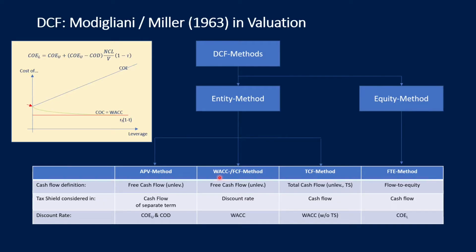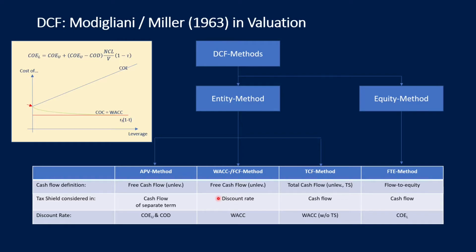The WACC, or free cash flow method, also uses the free cash flow of the assumingly unlevered firm, but the tax shield is included in the discount rate. It is not in the cash flow, it is not in a separate term, it is reflected in the discount rate.